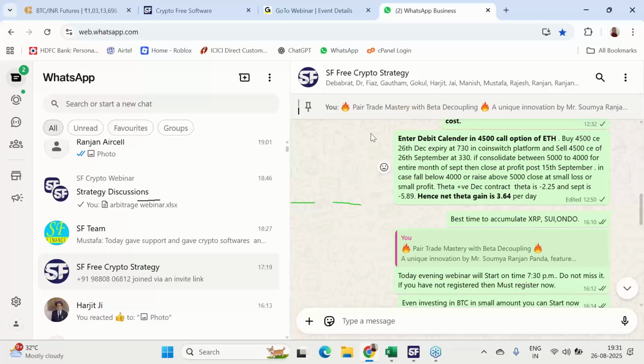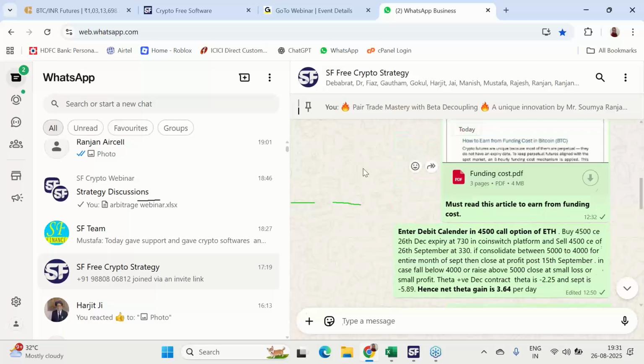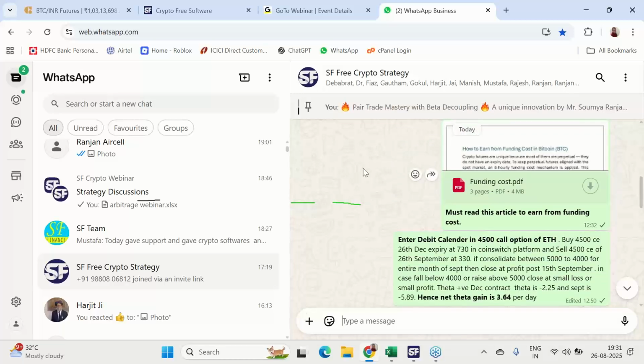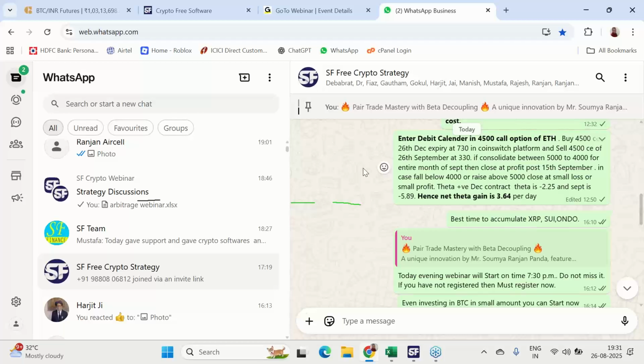They have funding cost; a lot of complexities are there. Similarly, all coins are categorized based on their utility, the category they belong to, and the projects they have. So you cannot invest in them like your stock or mutual fund. You have to go deep into the coin's fundamentals to know what the coin is, what they are doing, and what the utility of it is. Then only can you choose that coin.